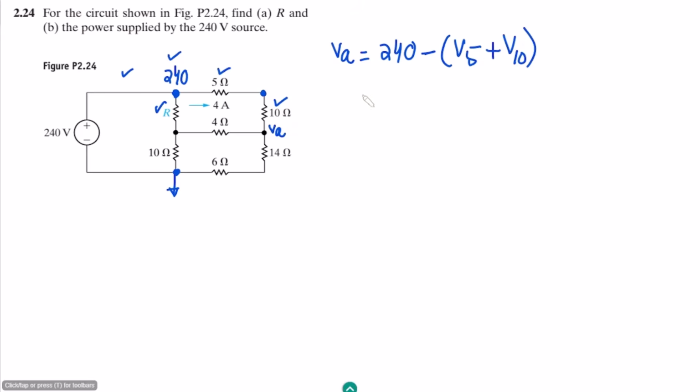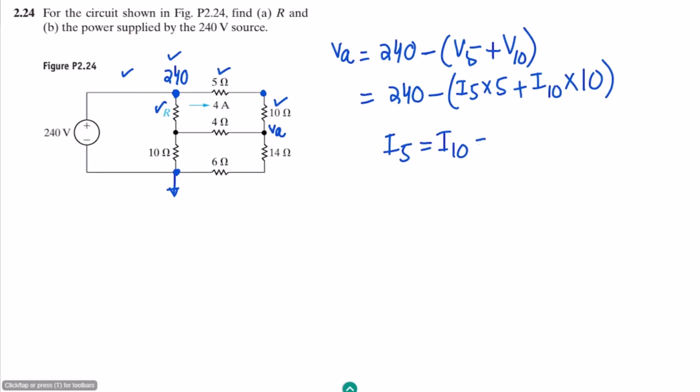So it will be 240 minus I5 multiplied by 5, according to Ohm's law, and similarly I10 multiplied by the 10 ohm resistance. We can see very clearly that I5 is equal to I10, as these two are in series, so this is 4 amps.